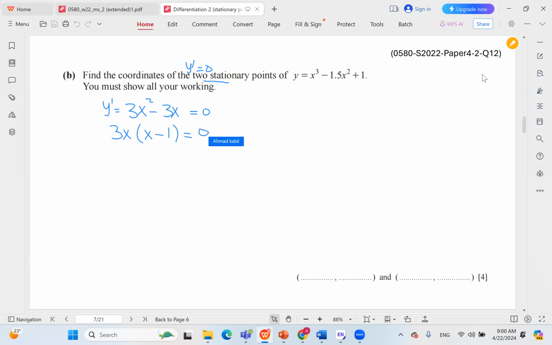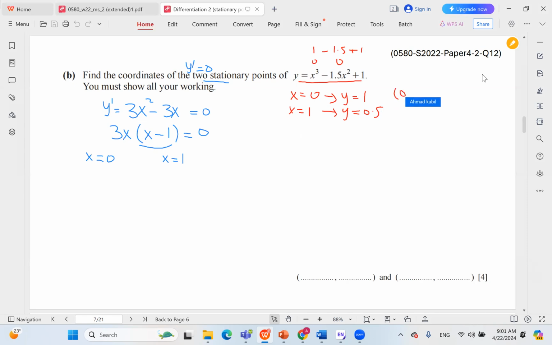So either 3x equals 0, so x equals 0, or x minus 1 equals 0, and this tells us that x equals 1. Finally, we plug these values into the original equation of the curve. So when x equals 0, you just put 0 here and 0 here, so y equals 1. When x equals 1, you have here 1 minus 1.5 plus 1, so y equals 0.5.